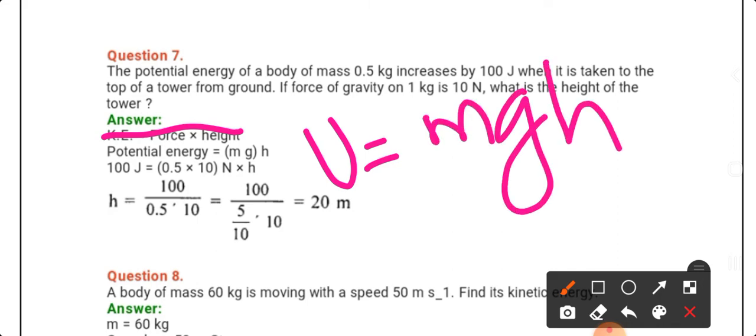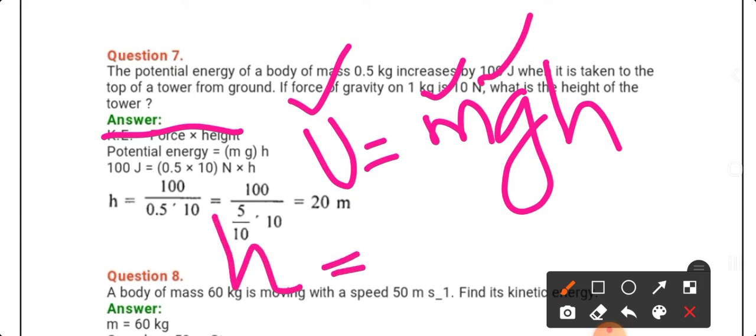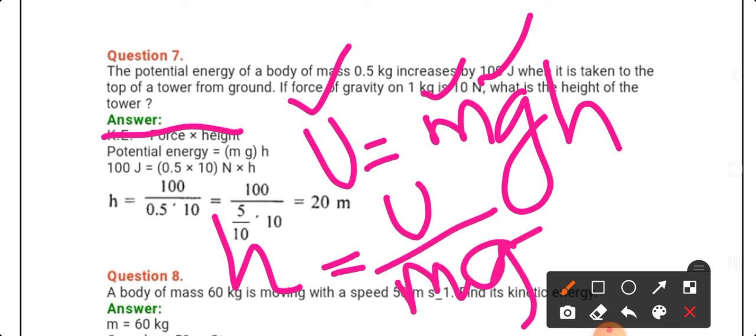In the question, m is given, potential energy is given, g value is given. Like your previous question, you just have to find h is equal to U upon mg. This is like the previous question only. Now this first sentence, no need to write it; only the remaining is required. That is a printing mistake.